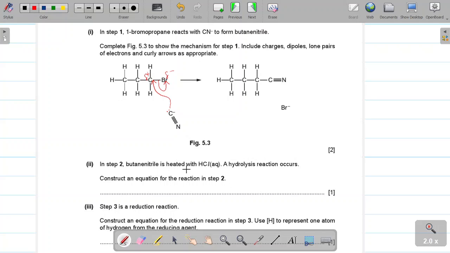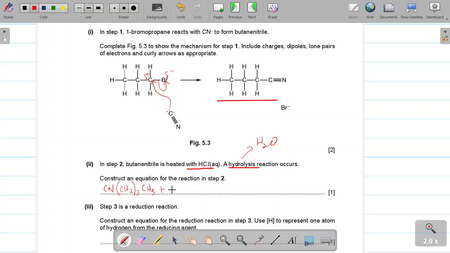So they tell us that we are heated with HCl and a hydrolysis reaction occurs. So for hydrolysis, a key reactant is water. Because it's hydrolysis, we need water. So the equation for this reaction, for butane nitrile, if we look at the structure of butane nitrile, which is this, we have CN, CH2, CH3.